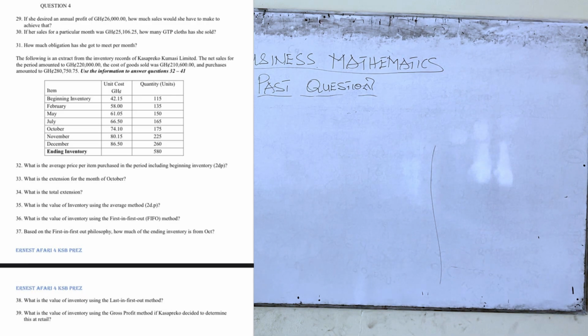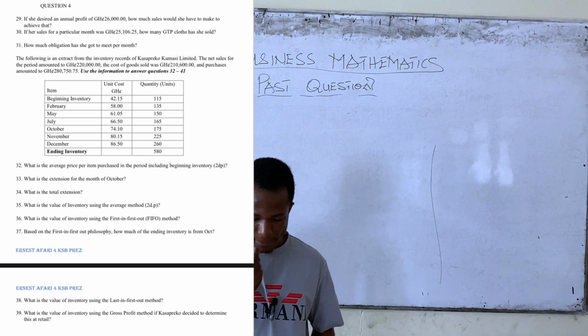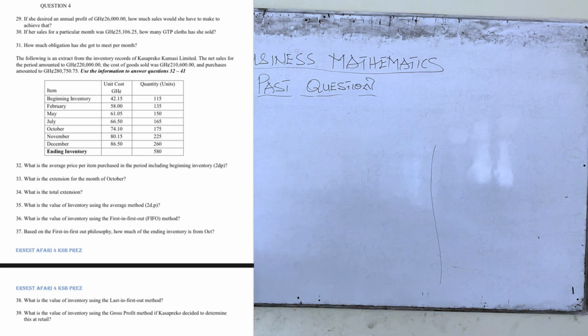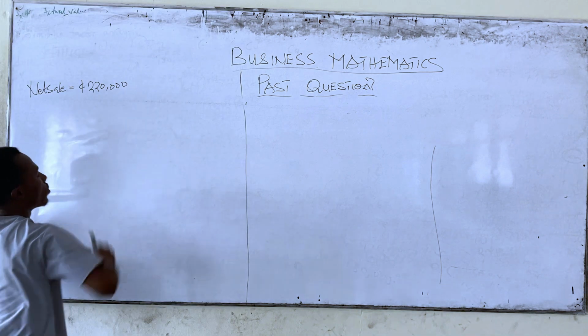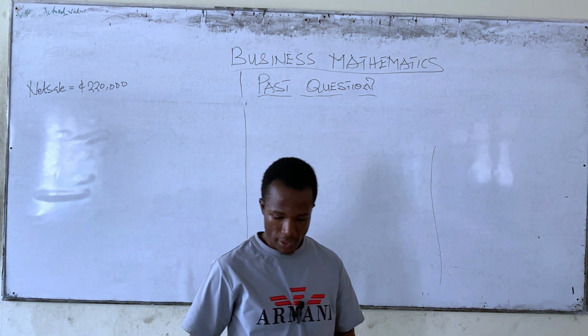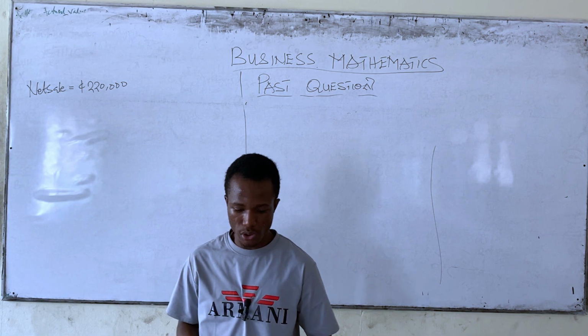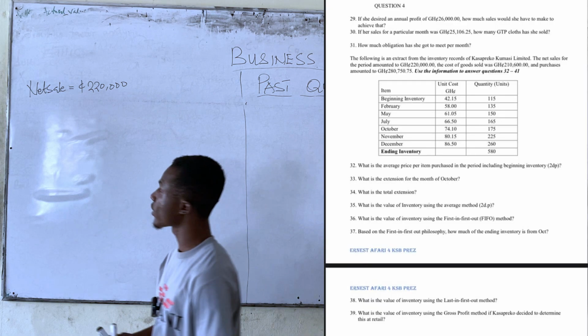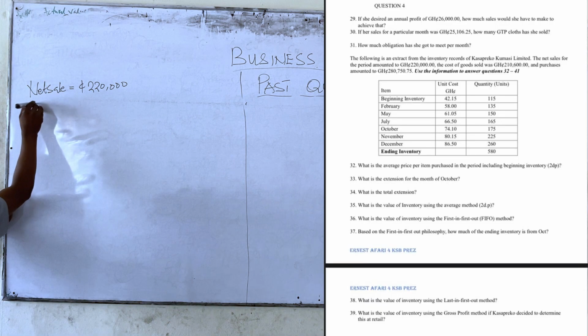The net sale amounted to 220,000. All right. The cost of goods sold was 210,600.